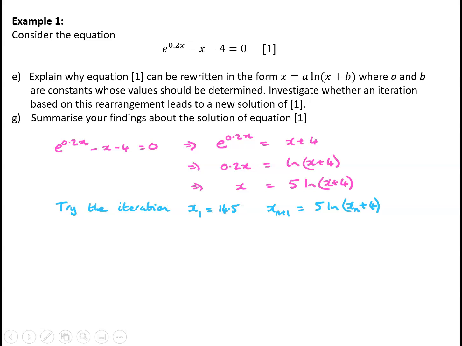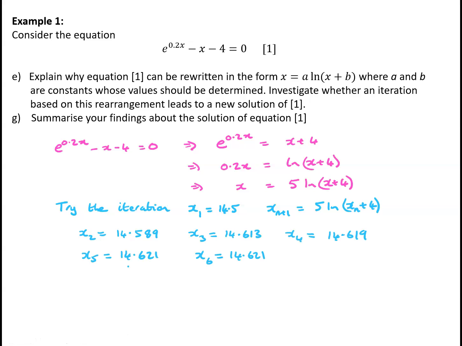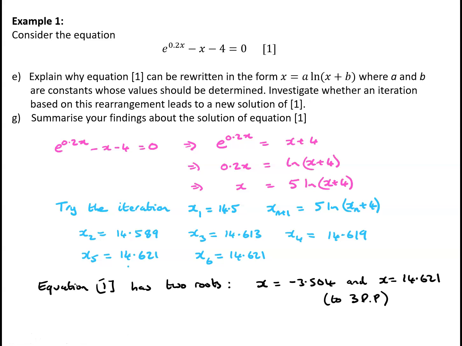So using this iteration on my calculator, I obtain the following values of x2, x3, x4, etc. And we can see that this is rapidly converging to a value which is approximately 14.621. So that's suggesting that equation 1 has got two roots, namely minus 3.504 and 14.621.